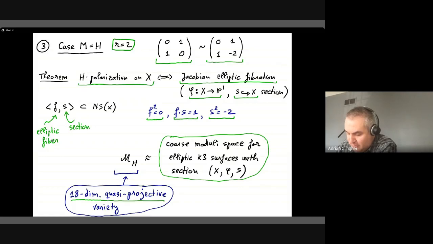It's an 18-dimensional quasi-projective variety, but geometrically, it's essentially going to be a coarse moduli space for elliptic K3 surfaces with section, or Jacobian elliptic K3s. So it's a first instance where a lattice polarization connects with geometrical features.